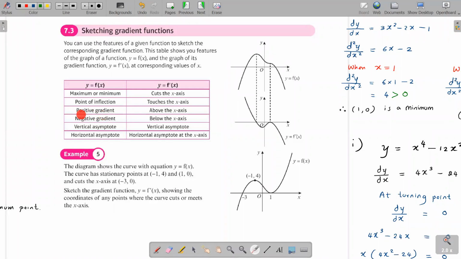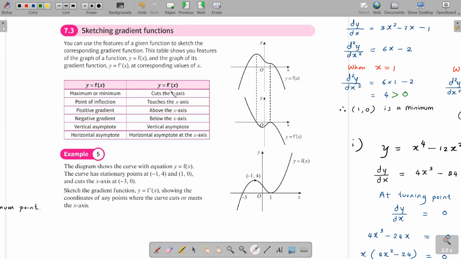Then the next one, positive gradient. If you have a positive gradient, your f dash x is greater than 0, right? So that means your graph is above the x-axis. When you're above the x-axis, the y values are positive. Now remember, on this side of the graph, the y values represent the f dash x values.